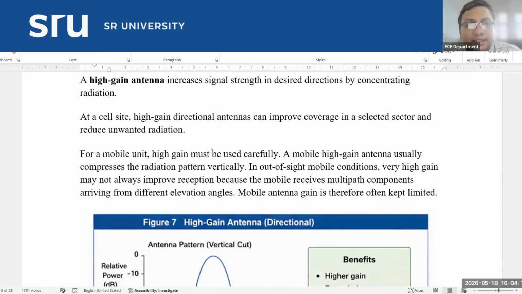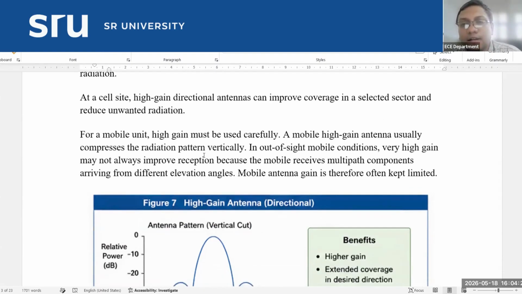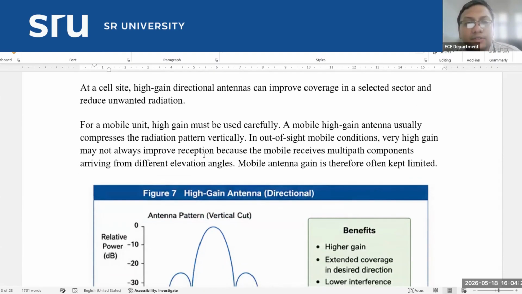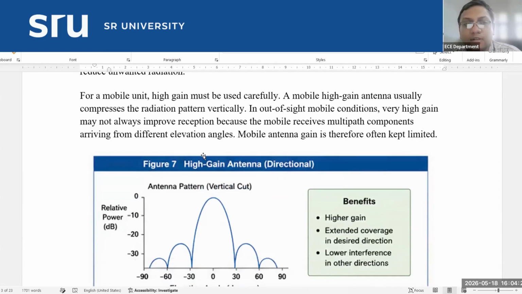Now at a cell site, high gain directional antennas can improve the coverage in a selected sector and definitely it will reduce unwanted radiation. But for a mobile unit, high gain should be used very carefully, because I have already told that in a mobile phone, a high gain antenna compresses the radiation pattern vertically.